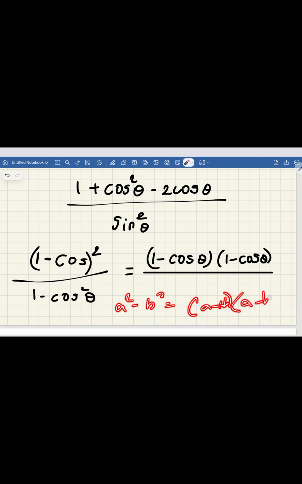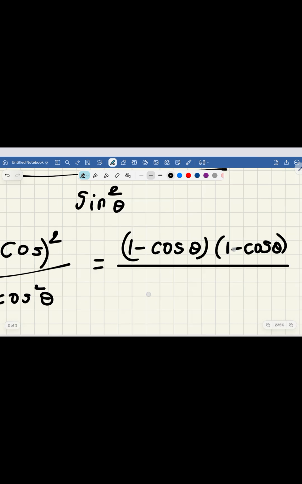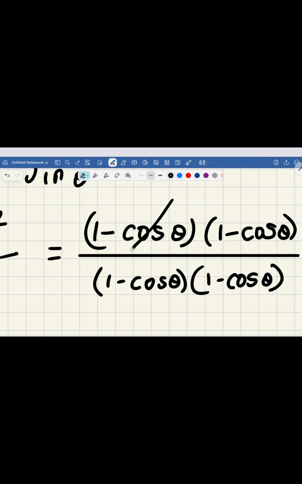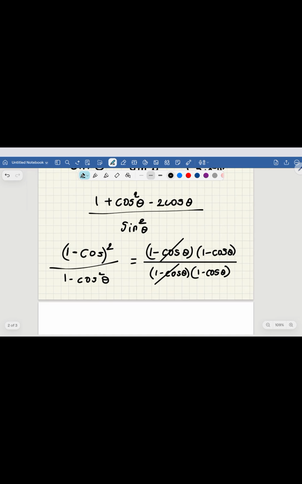So what will this become then? Simple: 1 minus cos theta and 1 plus cos theta. Now you know that you need to cancel this.